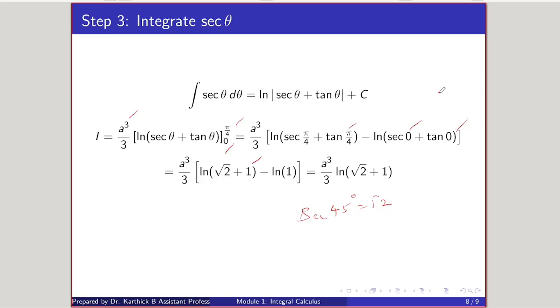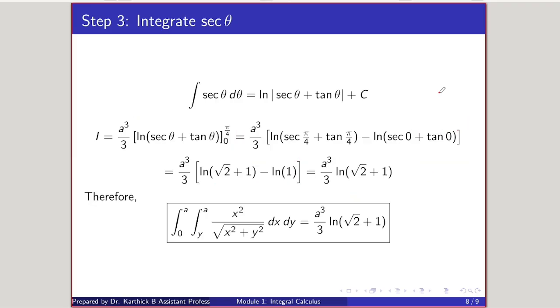Secant 0 will be 1, and tan 0 will be 0. So I am getting this form. Now we already know that log 1 becomes 0. Therefore the remaining term will be a cube by 3 log of root 2 plus 1. So finally we get the answer.